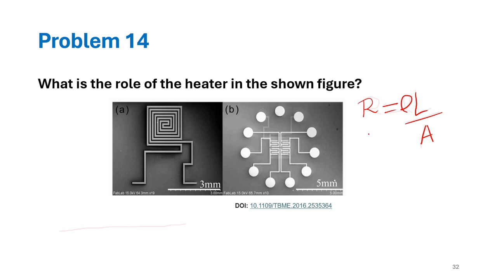So we say that heat is produced. If you have a wire of resistance R, and let's say I is the current flowing through the wire, then I squared R into T is the amount of heat produced. So if we want more heat, we need a wire with more length, right?